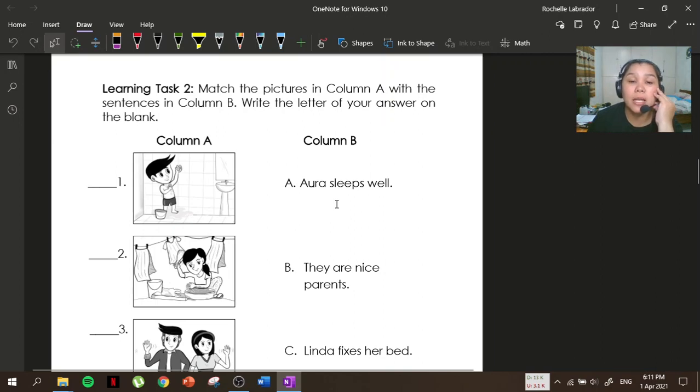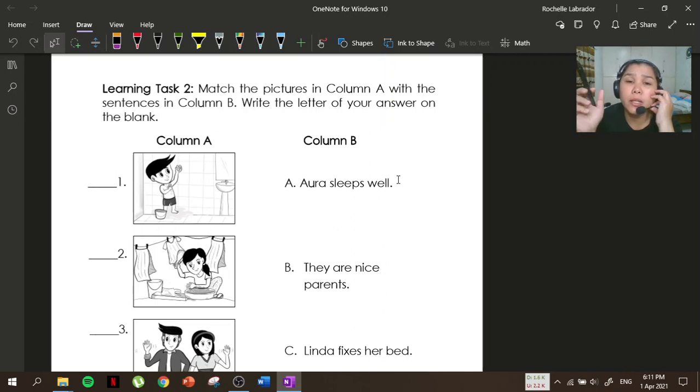And another one, so isa pang clue, pero usually when I give this as test or as activity, minsan hindi ko inaayos yung pagkakasulat para at least dapat sana magbasa. The children have to read, they have to understand if this is a sentence or a non-sentence. Okay, so if the sentences are correctly written, so may ano dyan, parang may clues.